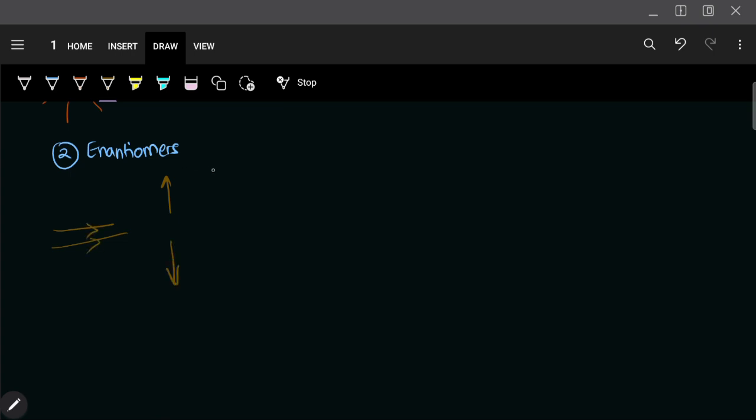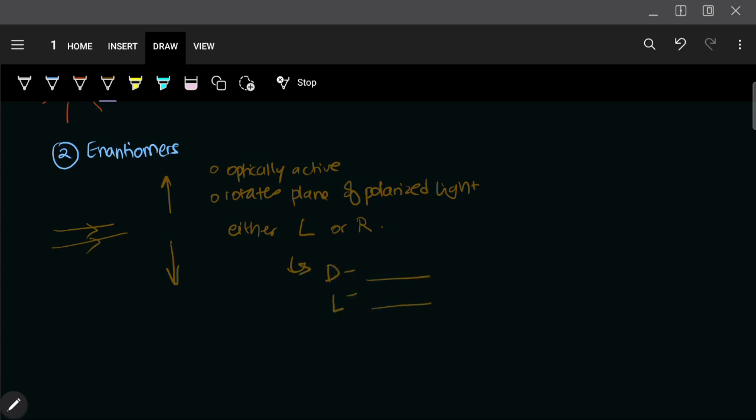So a compound that is optically active and rotates the plane of polarized light either left or right. So this is actually what we use D and L for before chemical names. This is what it refers to.